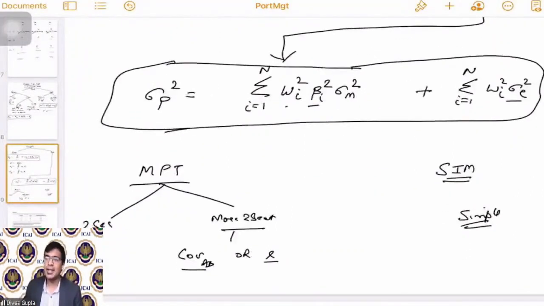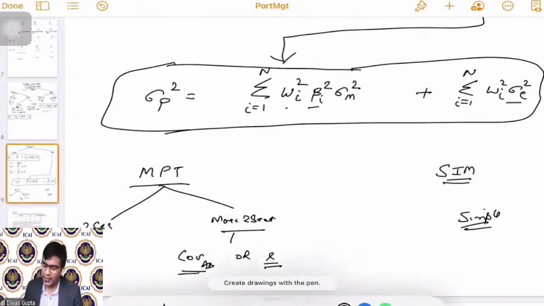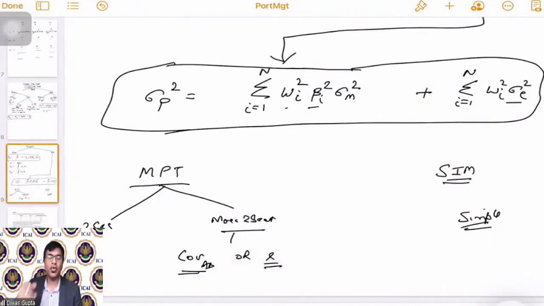So to answer your question, Naveen, see, definitely for the diversification factor, we can say that the R and covariance between A and B, the covariance or correlation coefficient, is a very good calculation to depict it, correct?